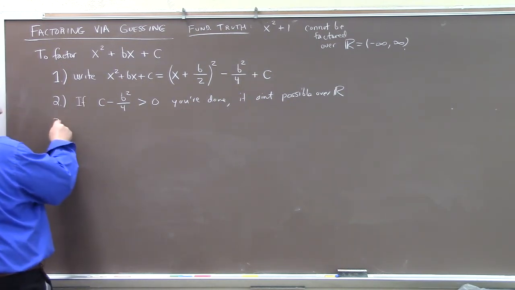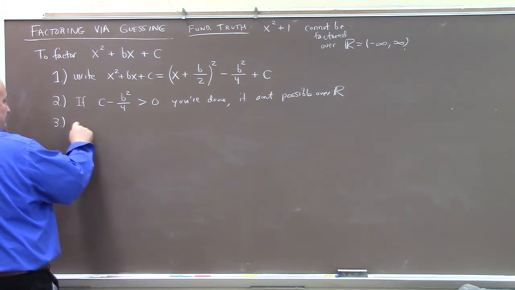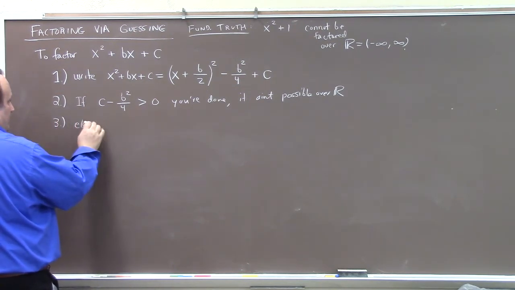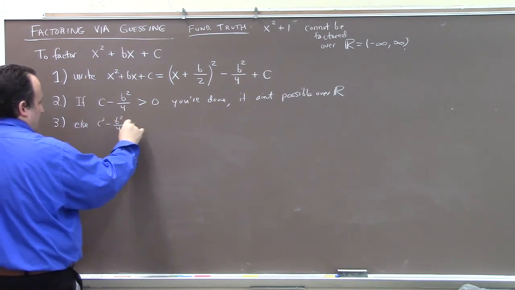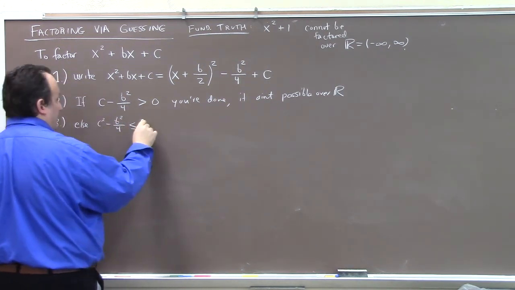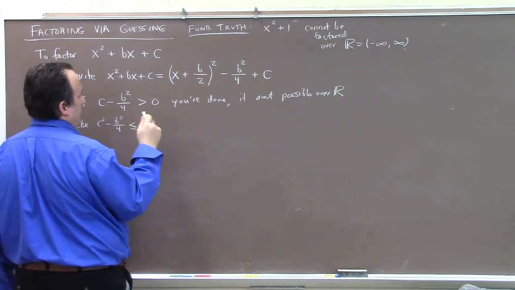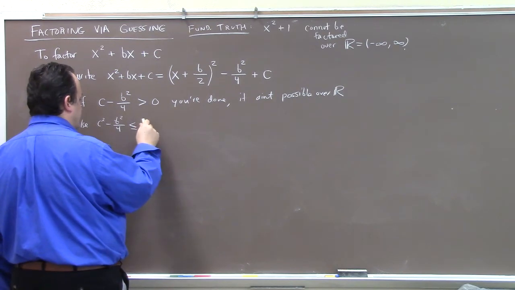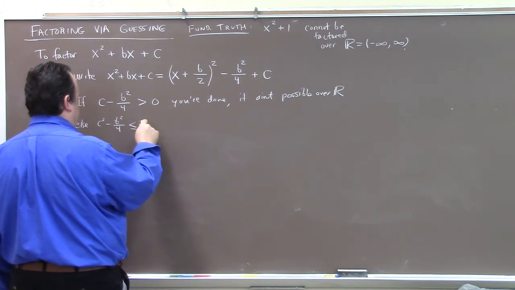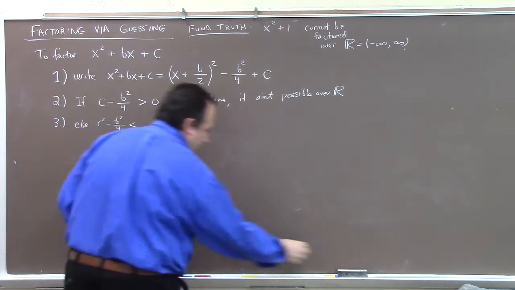Step 3, else, c minus b squared over 4 is less than 0 or equal to 0. Well, else you can do this. Let me just write it.